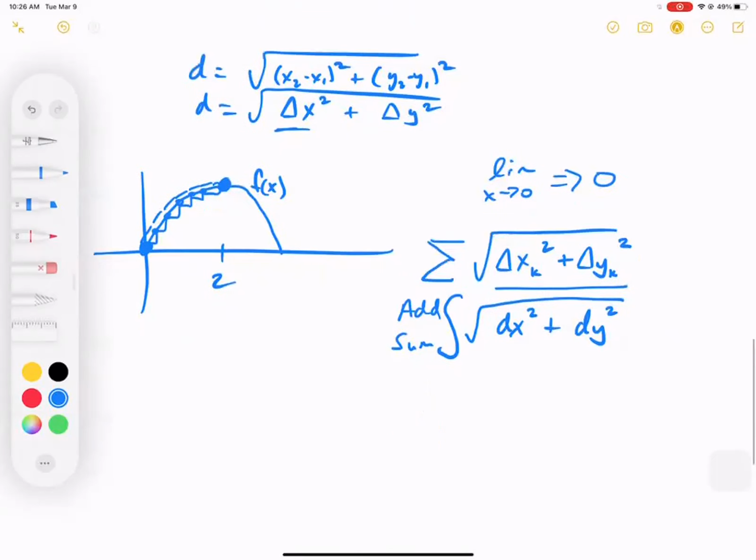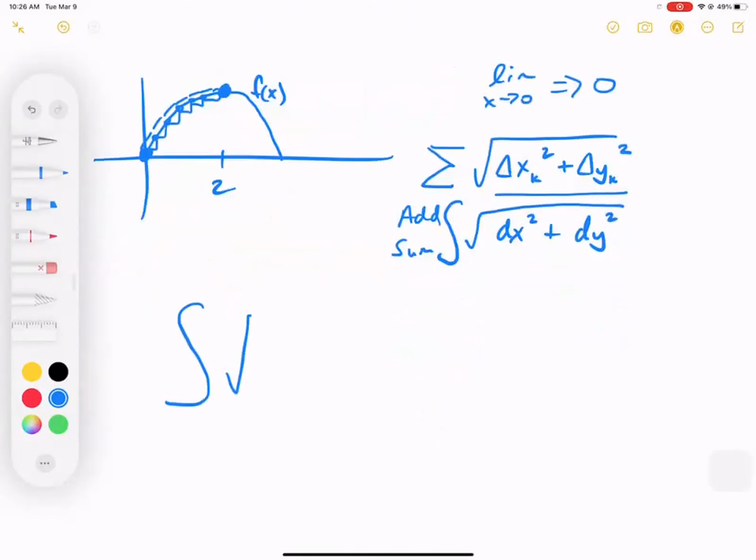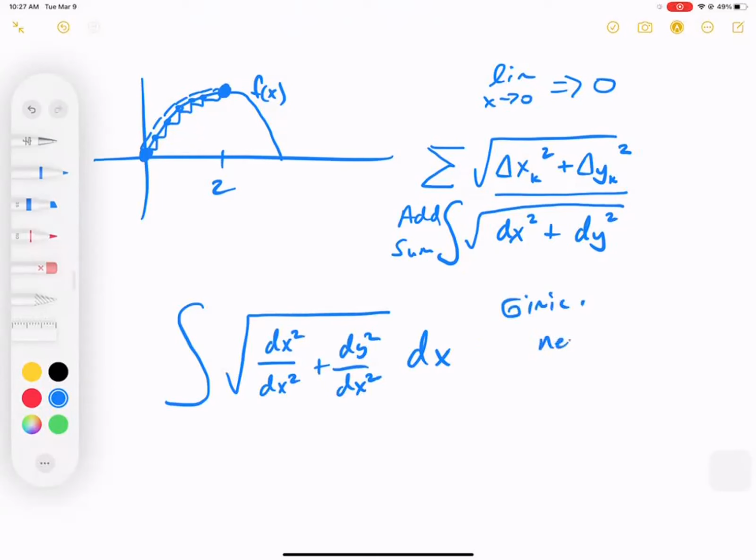Here's a big expression: integral, square root of dx squared plus dy squared over dx squared, and I'm going to multiply by dx on the outside. Sorry, not dx squared, just dx on the outside. This is the trick. This is the gimmick. I needed a dx, so I gave myself a dx.